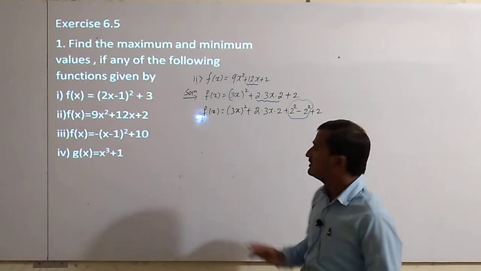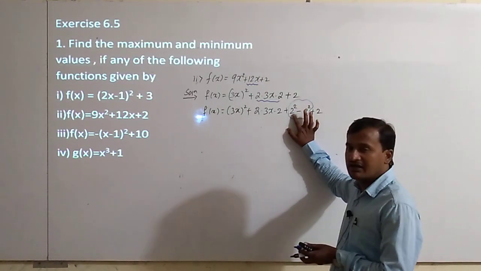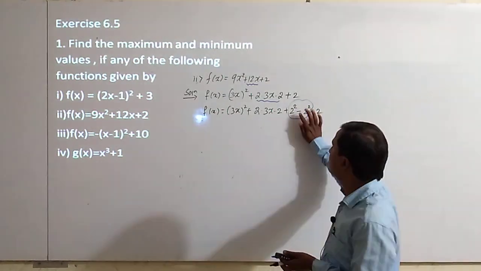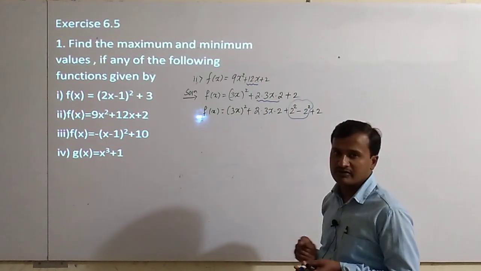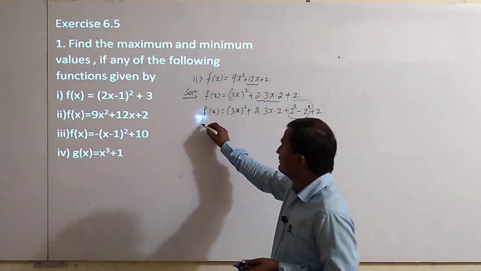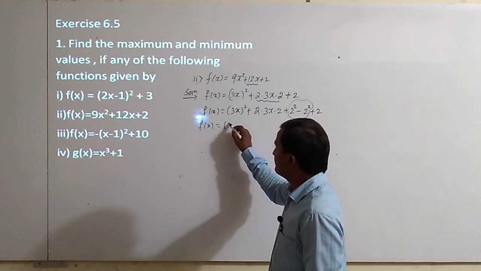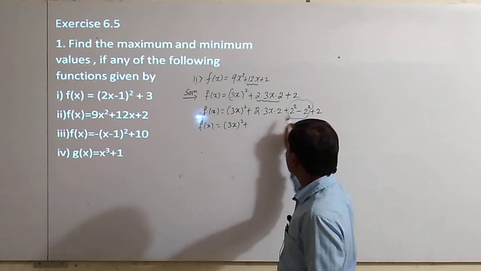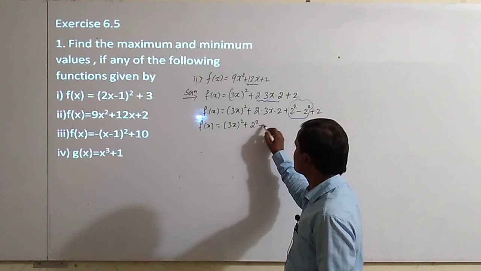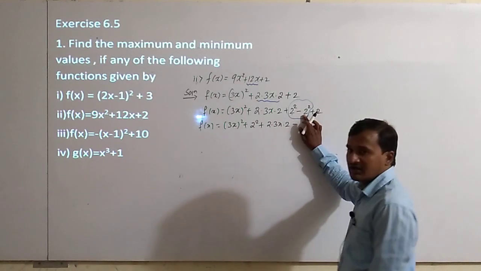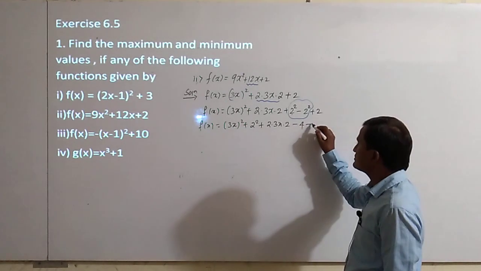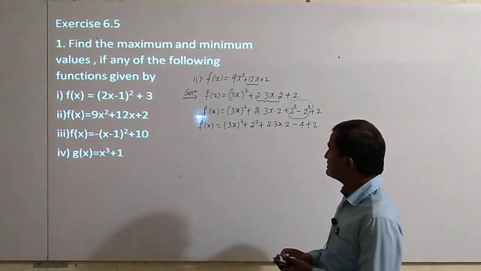So again 2 square I have added and 2 square I have subtracted. If you take it outside, then you are getting the same one, right? So again I will write like this: 3x whole square, plus 2 square, plus 2 into 3x into 2, and minus 2 square means minus 4, plus 2, right? Now it is in this form.